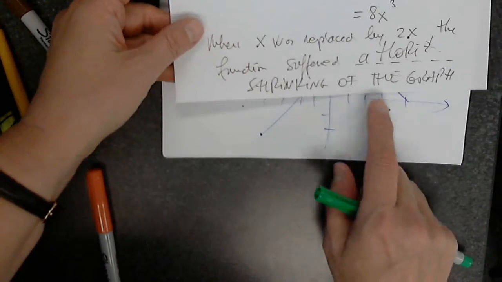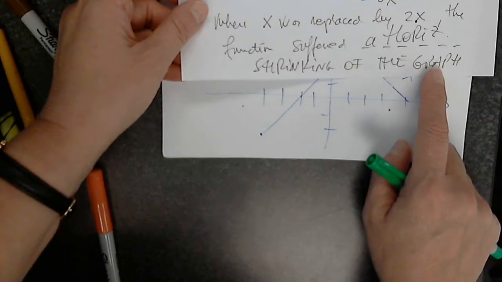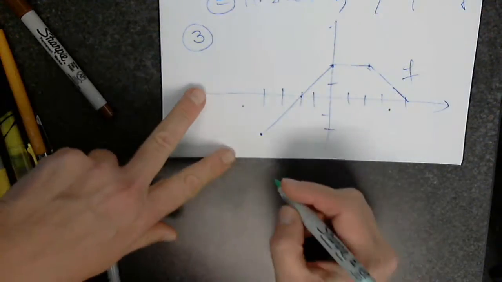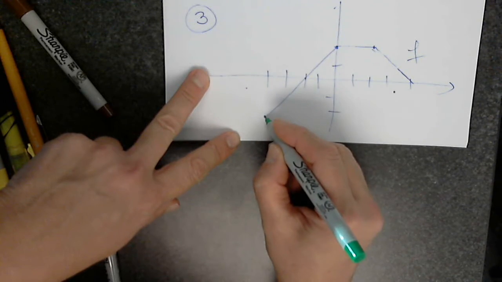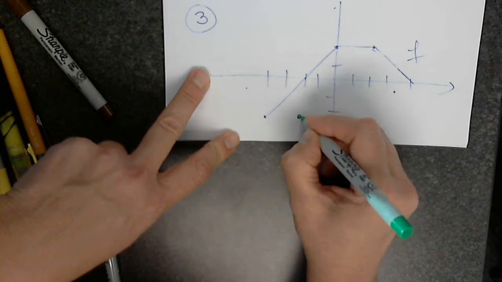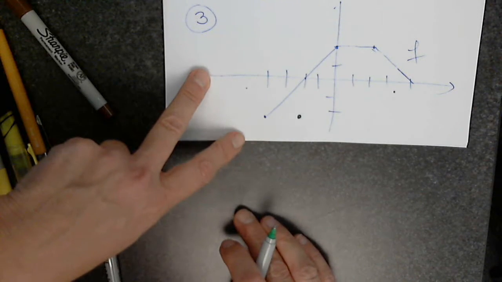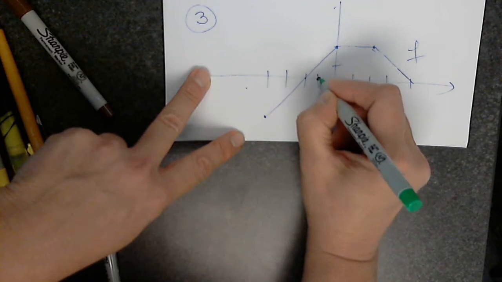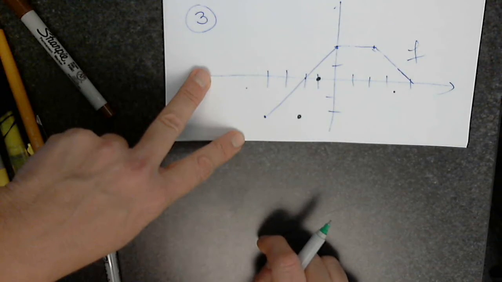Yes, it's a horizontal shrinking, so I'm actually dividing it by 2. So this x value right here for this point is at -4. It will shrink to x equals -2. This x value is at -2. It will shrink to -1.